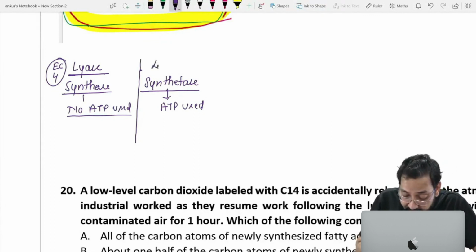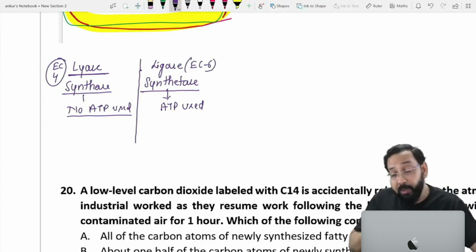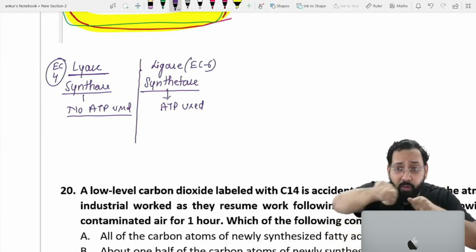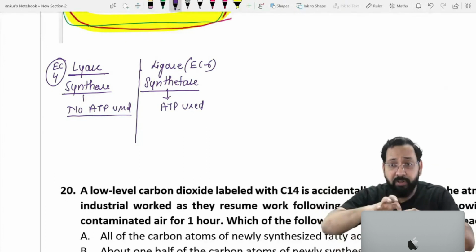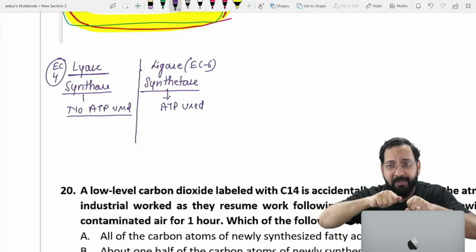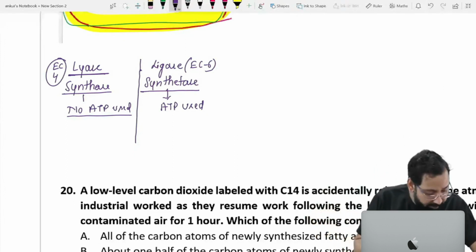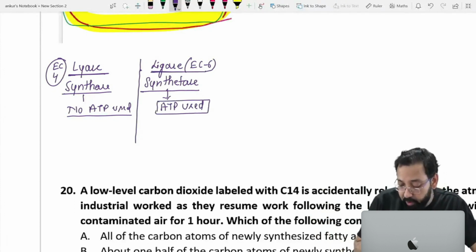Synthetase is ligase, EC number 6. You will remember: if I suture, after suturing I ligate. When I ligate, I require a little bit of energy. So if you ligate, you will require energy. So ligase, ATP is used.